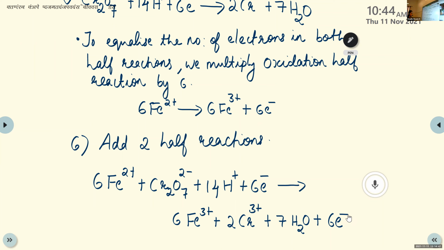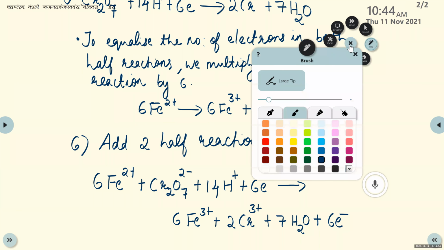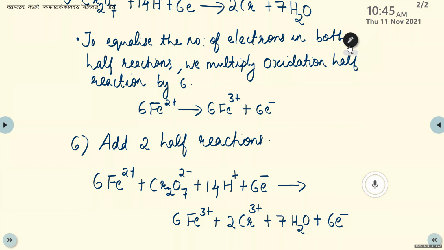This is the final equation. Now anything here to cancel, children? Anything same on the left hand side and right hand side? 6 electrons. Yeah, 6 electrons. Okay. So we will cancel.